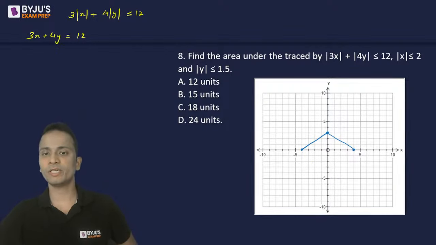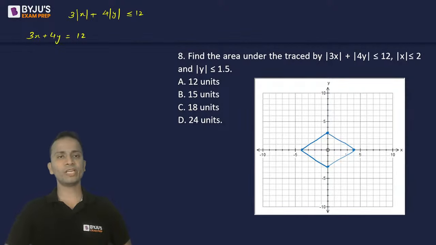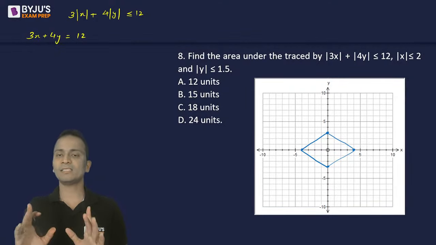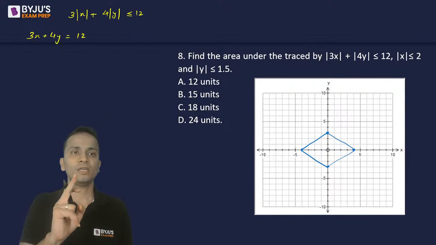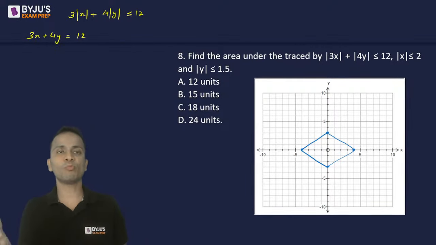In the third quadrant, it will go up till y equal to minus 3. A symmetric graph will be formed, and then like this. So you can generalize this as the graph of 3 mod x plus 4 mod y less than equal to 12. So this is the general way you can draw the graph, right?